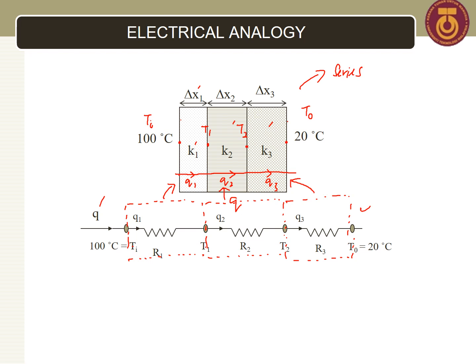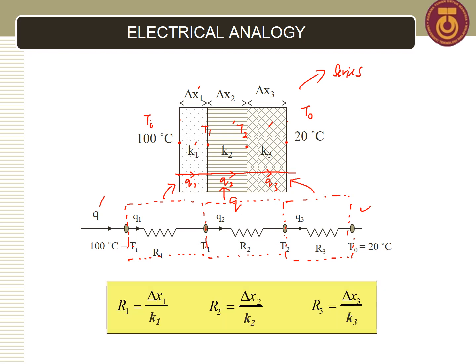Now let's focus on the resistance of each layer, R1, R2, and R3. We know that this is a flat plate system with constant cross-sectional area.